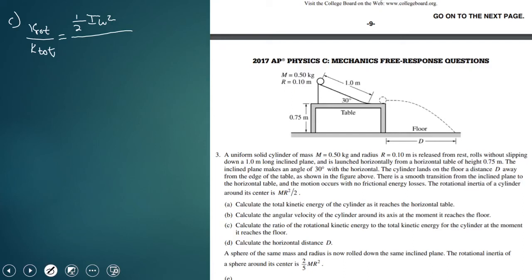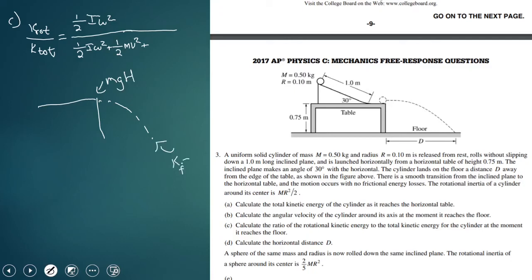So at the moment it reaches the floor, we have 1/2 I omega squared plus 1/2 mv squared plus, now you also have to consider the kinetic energy accumulated from dropping down from the table. So the height of the table, so at the start of the table, I'll just draw this here, we have mgh, h being the height, and so it all gets converted into kinetic energy.